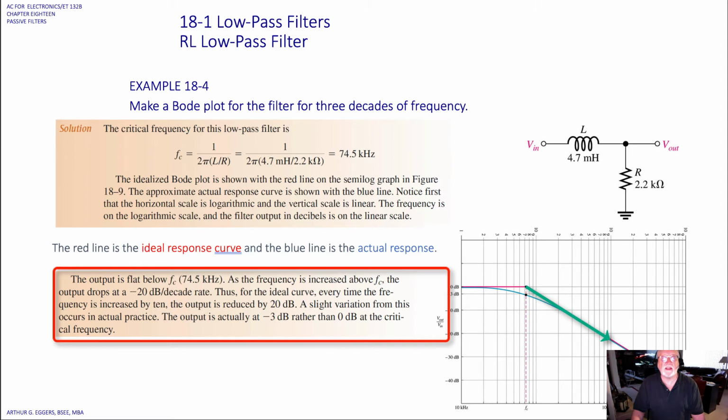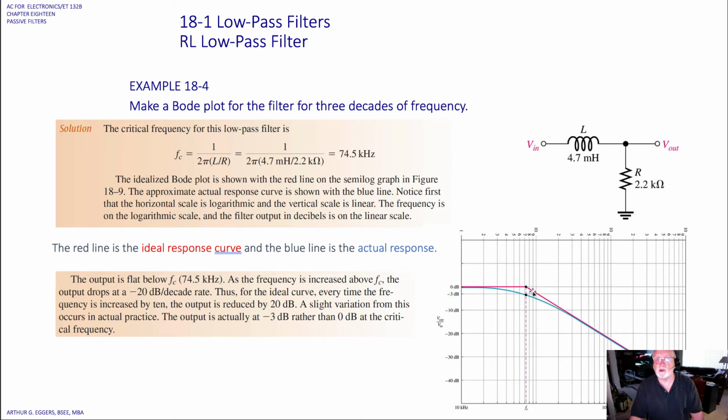Thus, as the ideal curve, every time the frequency is increased by 10, the output is reduced by 20 dB. A slight variation from this occurs in actual practice, but the output is actually at minus 3 dB rather than 0. So you can see the actual curve is down minus 3 dB, but on our Bode plot, we just plot it at the line.